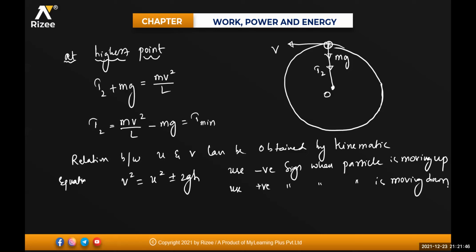Very important relation. v square is equal to u square plus or minus 2g h. Use the negative sign when the particle is moving up, and the positive sign when the particle is moving in the downward direction. Clear?